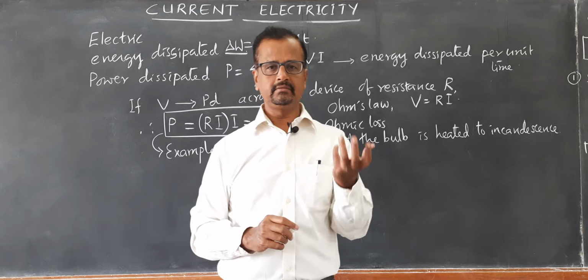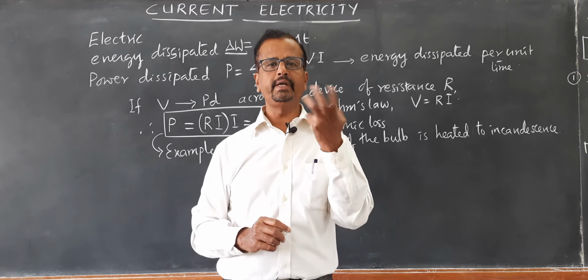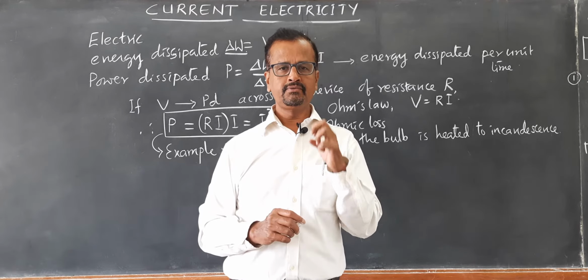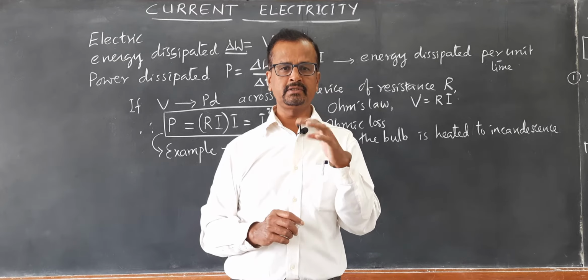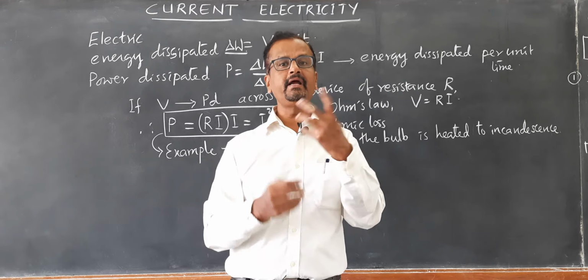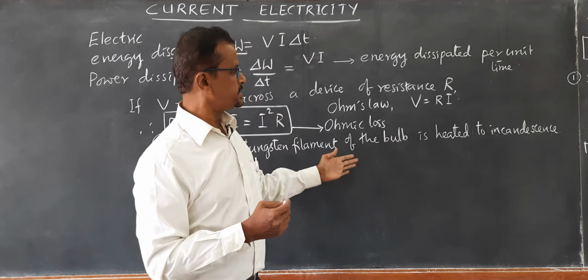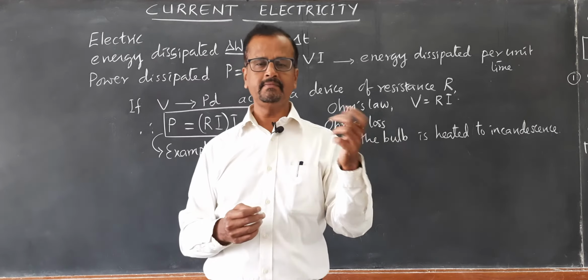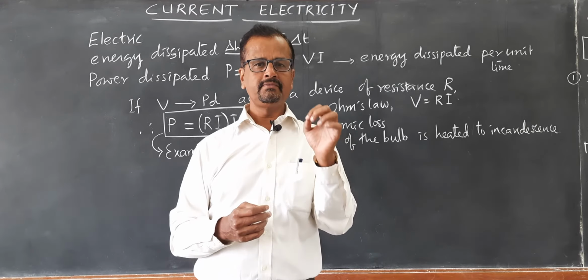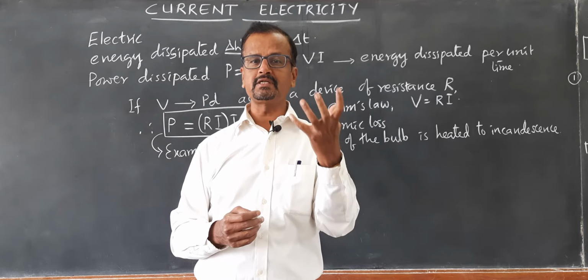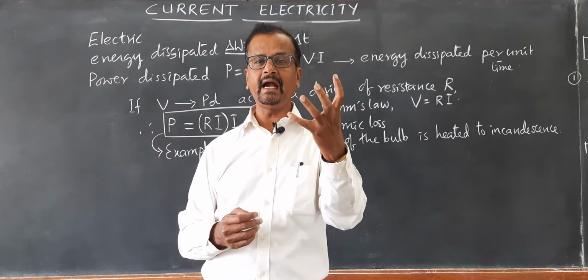Heating a material to a very high temperature, more than its red hotness. First, when you heat it, the metal becomes red hot, then blue hot, then yellow hot, and finally white hot. So, when the tungsten filament is heated to incandescence, it dissipates the power in the form of heat and light.